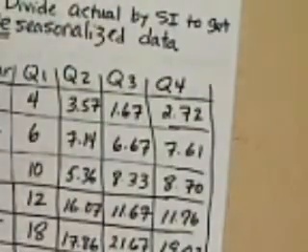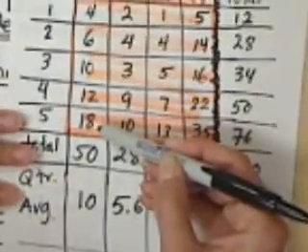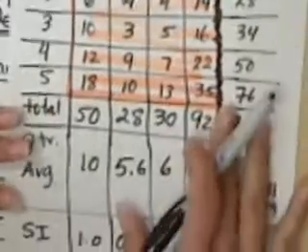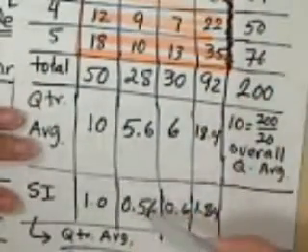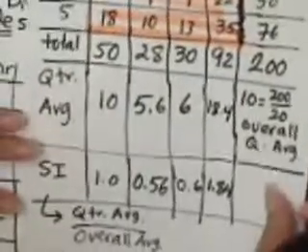To deseasonalize our data, what we need to do is take each of these actual past data values and divide them by their respective seasonal index: 1, 0.56, 1.6, and 1.84. Because the seasonal index for the first quarter is 1, there is no seasonality over and above the rest of the year.